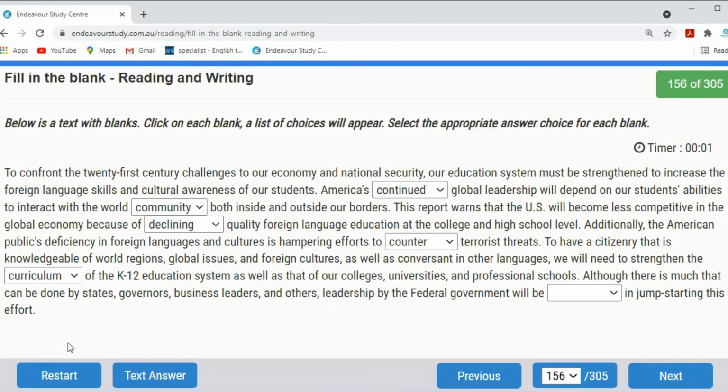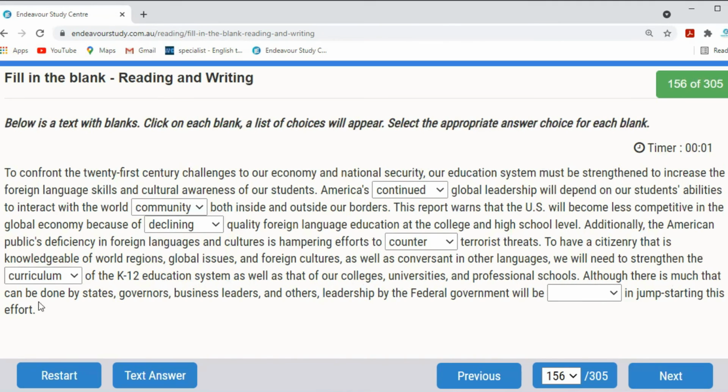You can read about it because there are a couple of audios about K-12. If you have a little bit of knowledge and the audio or a passage is based on that, it helps you with your comprehension of that specific topic, right? So curriculum here. Next one is education, as well as that of our college, university, and professional school.